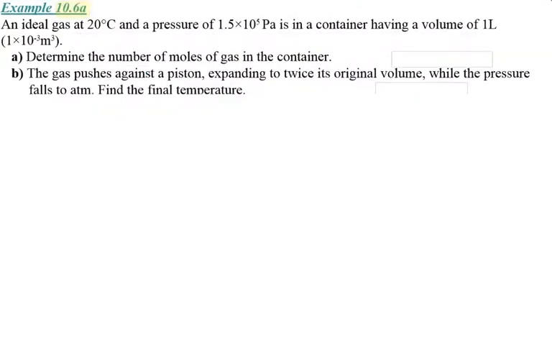In the next question, they say an ideal gas at 20 degrees Celsius and the pressure of 1.5 10 to the 5th Pascal is in a container having a volume of 1 liter, which is good to remember, it's 10 to the negative 3 meter cubic. And the volume always has to be measured in meter cubic when you plug in into the formulas, the same as temperature in Kelvin.